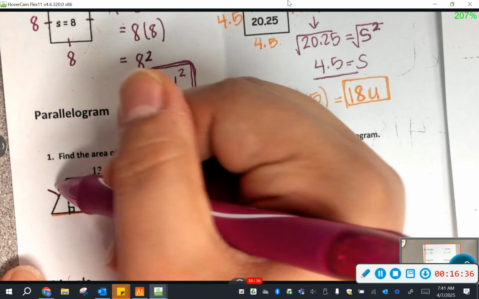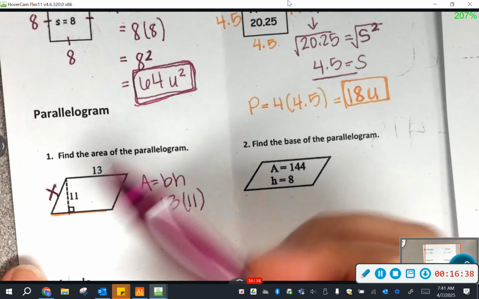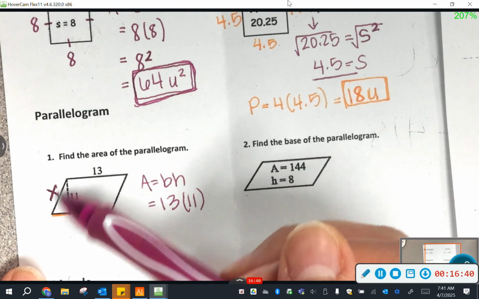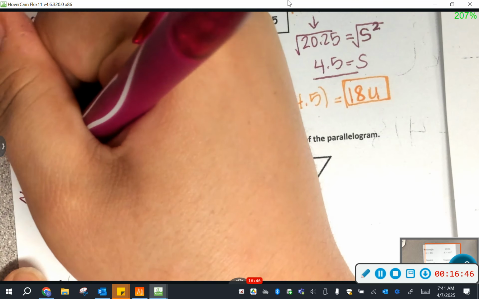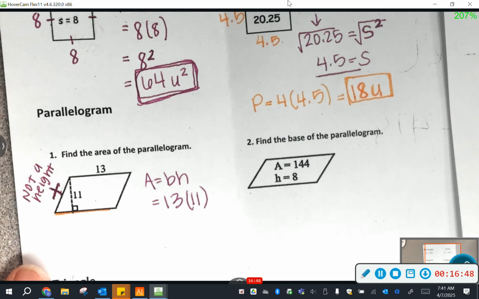This right here on the side is not a height. Do y'all see how this right here is slanted? It is not a height. You might want to write that down. Not a height. If it is slanted, it's not a height. It's a slant.